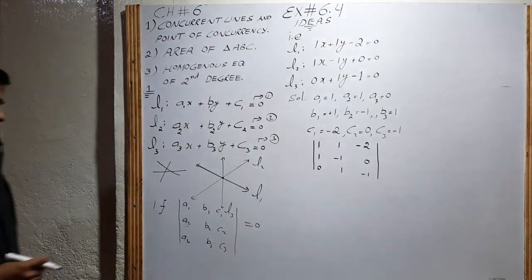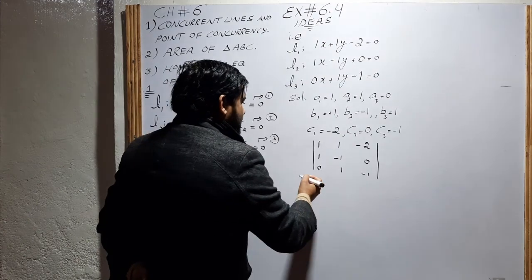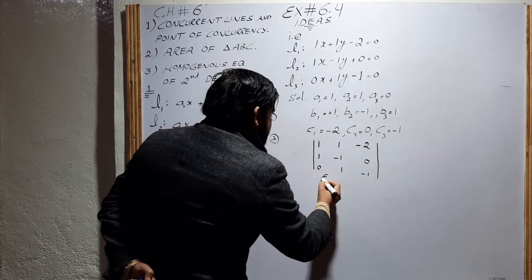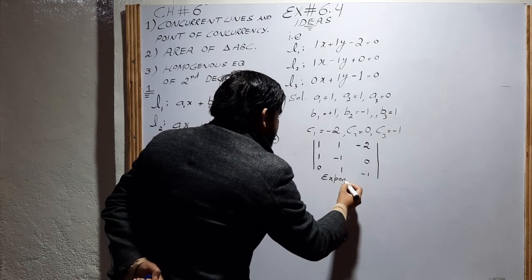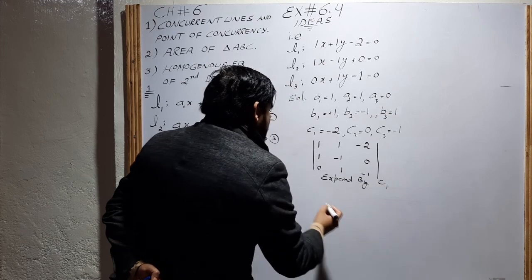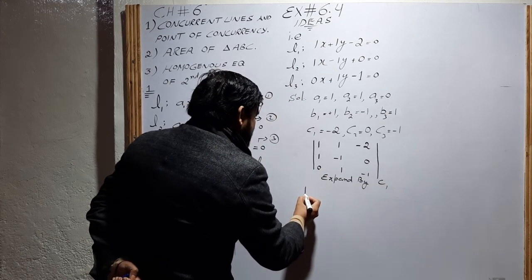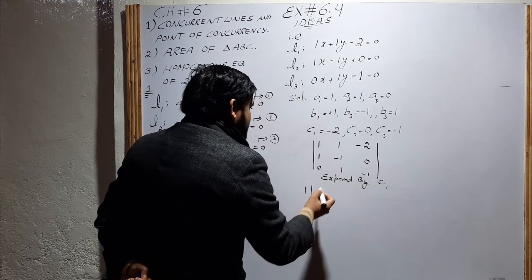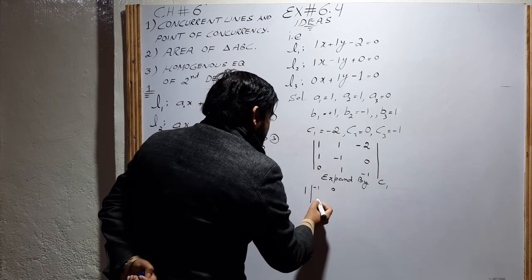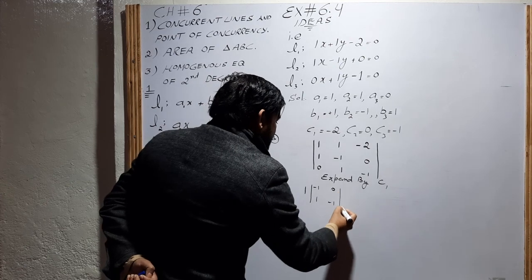find the determinant. Expand by any row or column; expand by column 1. This is 1, remove first row, first column, the remaining entries are -1, 0, 1, -1.